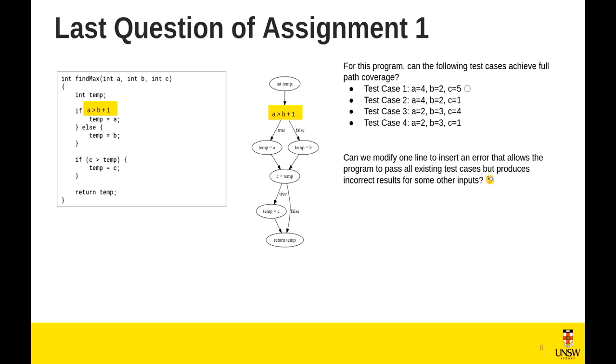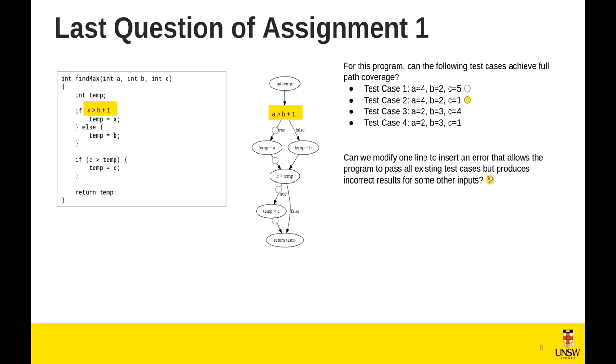Let's consider the test cases again. For the first test case, 4 is larger than 2 plus 1, so we will still go to the true branch. The temp value will become A, and 5 is larger than 4, so we take exactly the same path for the first test case.